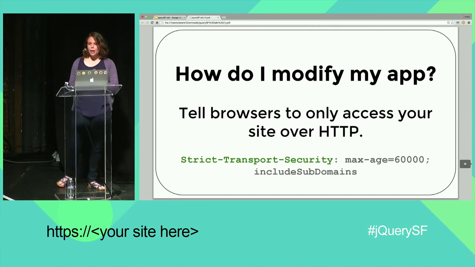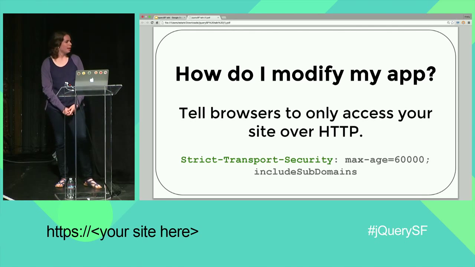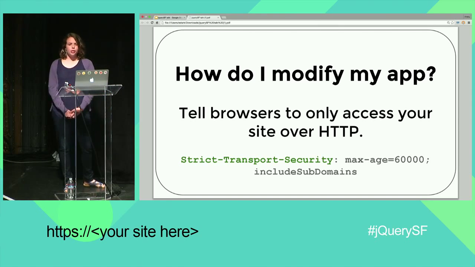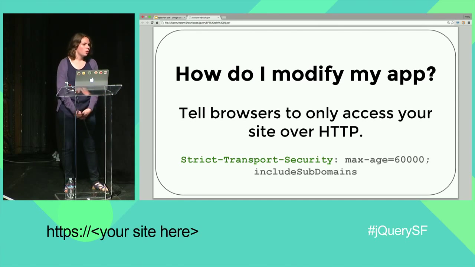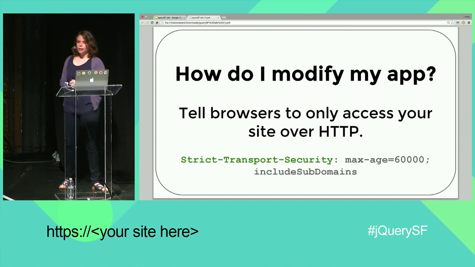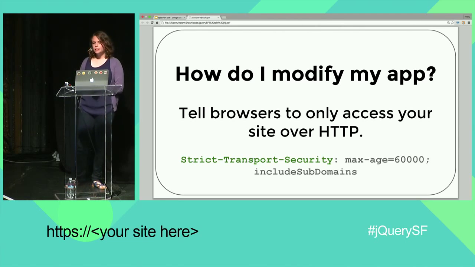I have another "wouldn't it be great" question. Imagine that you are a user and you go to http://yoursite.com. So there's a user who is visiting your site over insecure HTTP. And you want your users to visit over TLS.